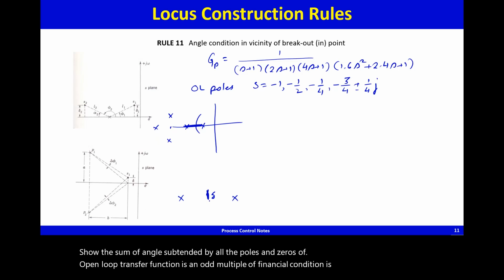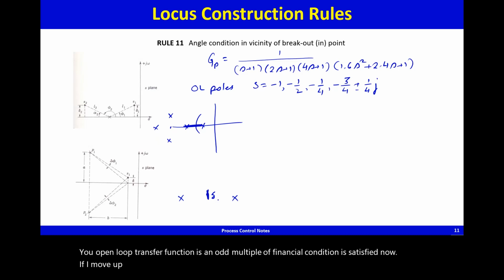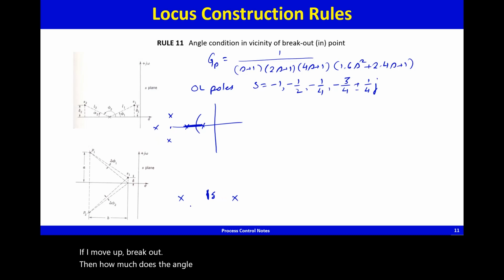Now if I move up, break out, then how much does the angle change that is subtended by the other poles? For example, here the angle will change by this much. This one, the angle will change by this much, but with a negative sign.